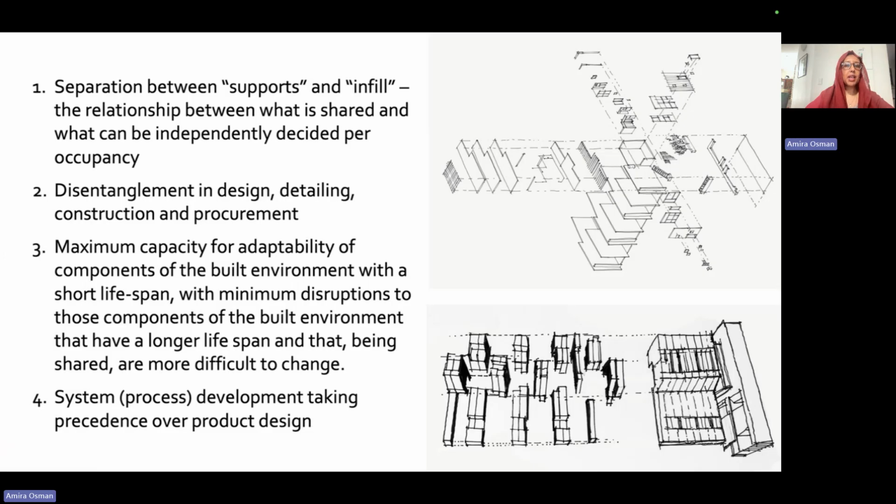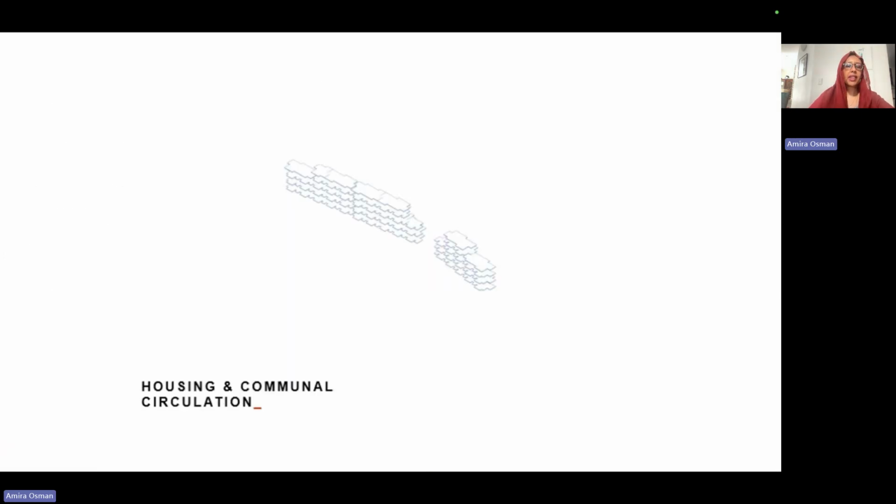It is maximum capacity for adaptability of components of the built environment with a short lifespan and minimum disruptions to those components with a longer lifespan, that being shared are more difficult to change. It's also to do with systems or processes of development taking precedence over product design.